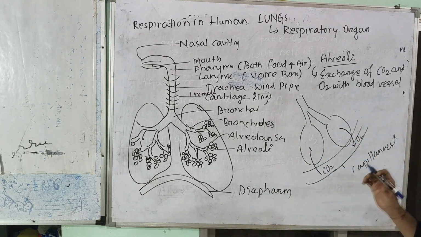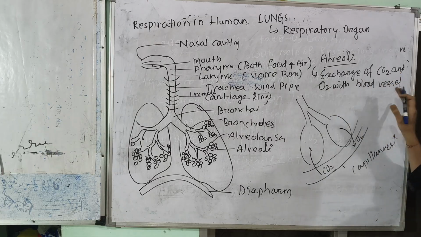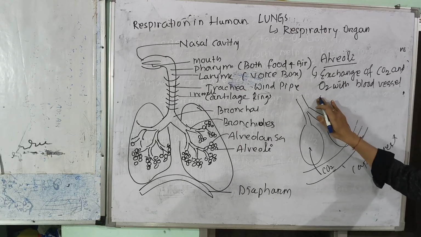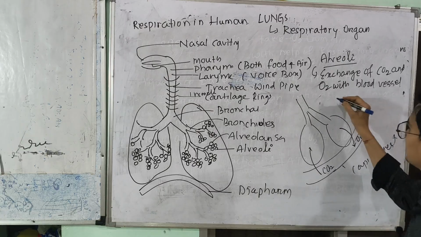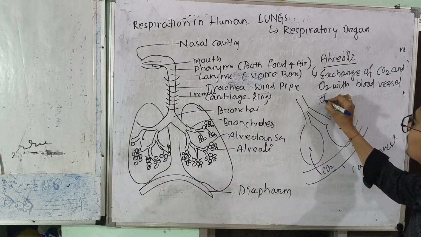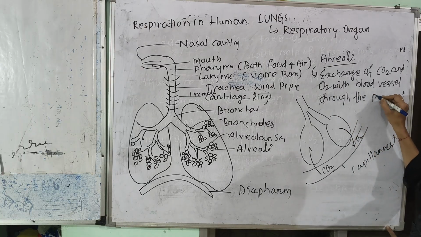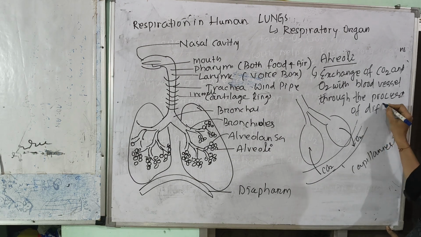So this is called exchange of gas, carbon dioxide and oxygen in the blood vessel, with the help of the process called diffusion.